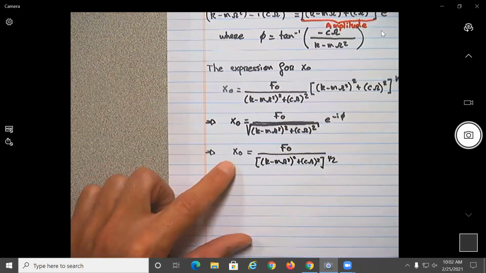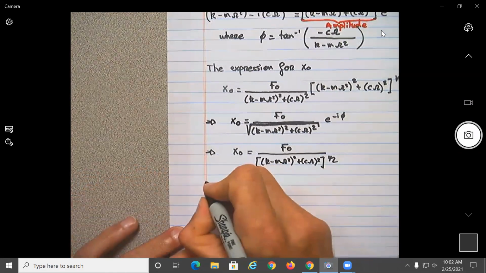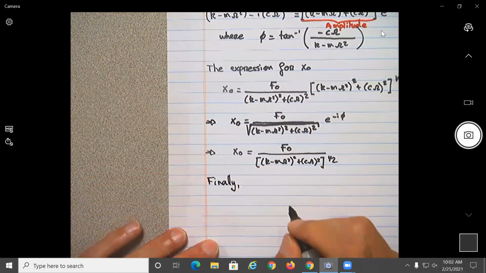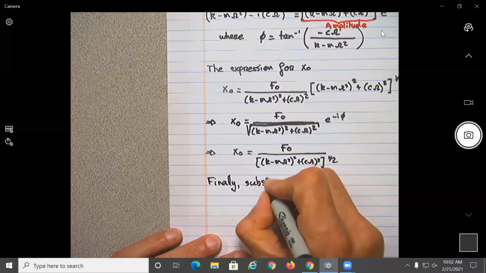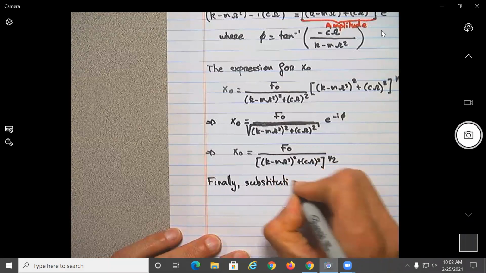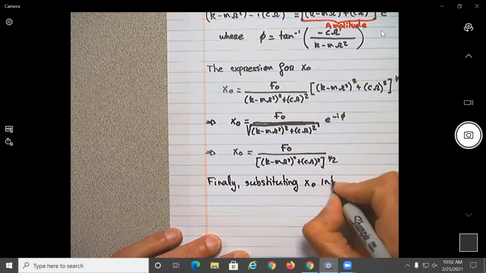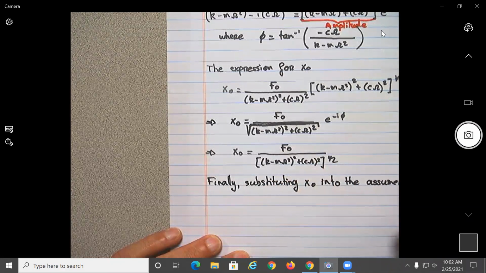Should be to go and replace into the assumed solution. So finally, substituting x sub naught into the assumed solution.